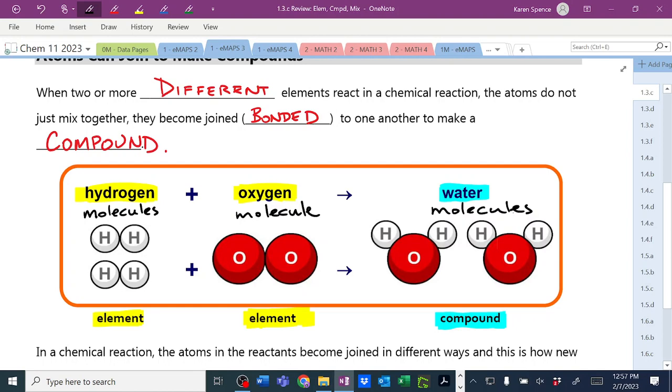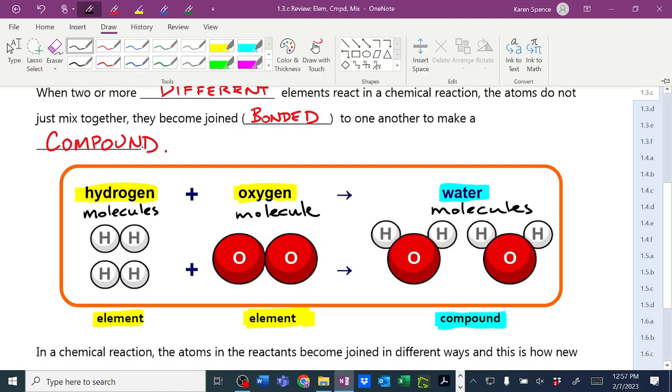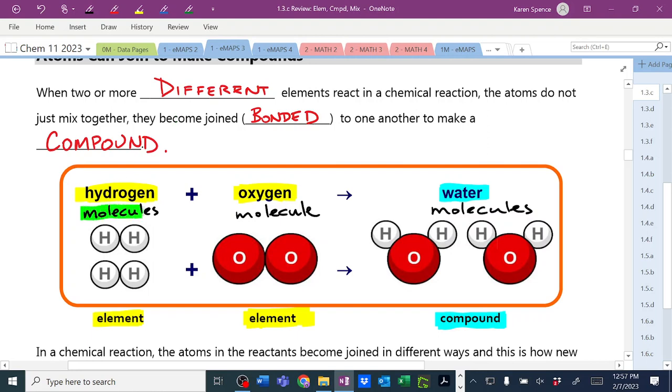So what you'll notice is that you will have molecules that are elements, and you will also have molecules that are compounds. Okay, so molecules are not exclusively compounds or exclusively elements. You can have molecules of either type.